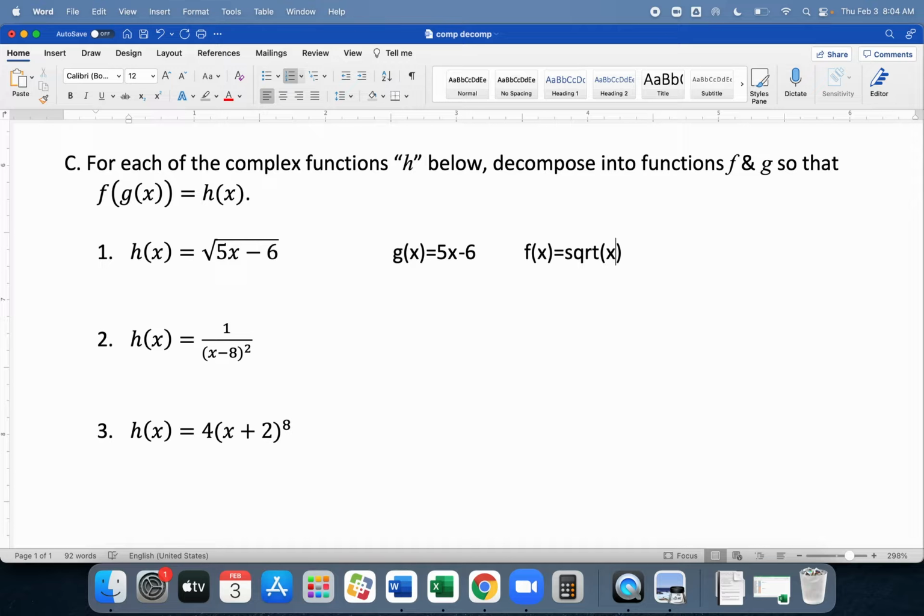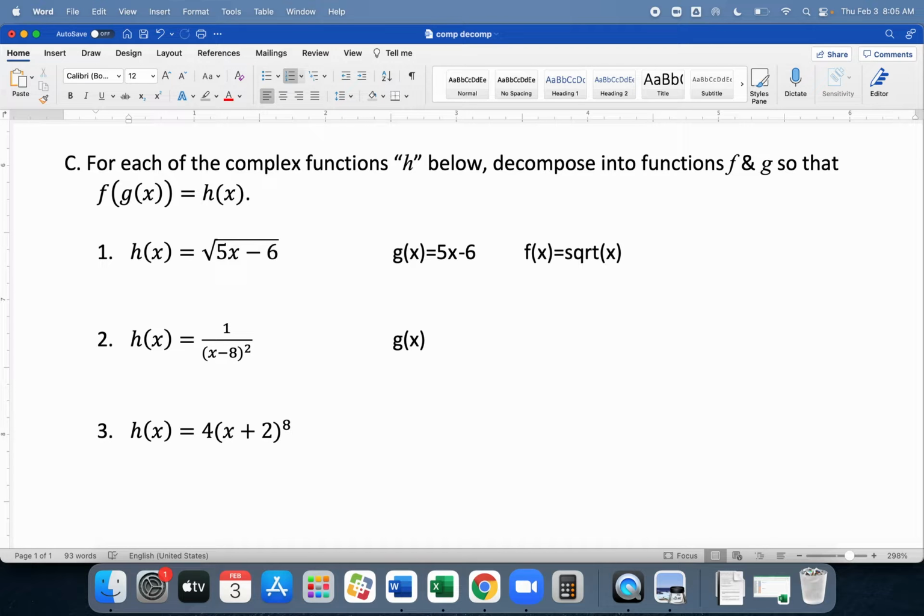All right, so let's take a look at these, and we'll move on to another topic. But for 2 and 3, there's probably several different ways you could split these up into 2 pieces. But again, if I want it to be f of g of x that comes out to this, then maybe think of g of x as the first part of this, order of operations wise, putting together a result that we want.